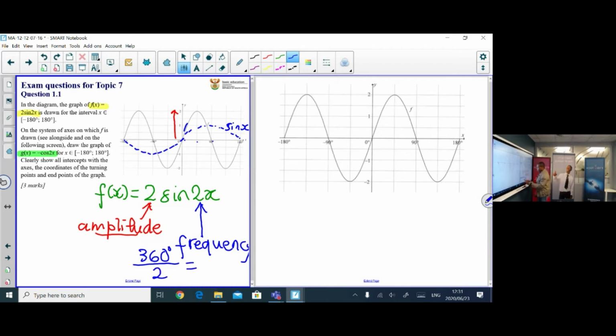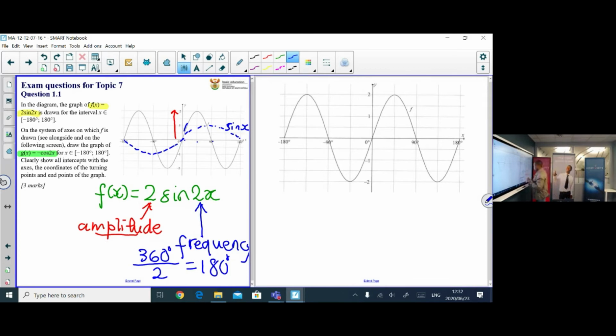So you end up with 180 degrees as your complete wavelength. So the frequency will be doubled, but the wavelength will be halved.